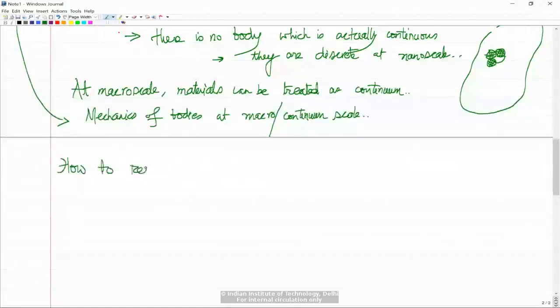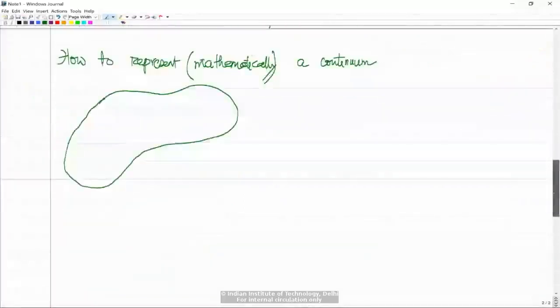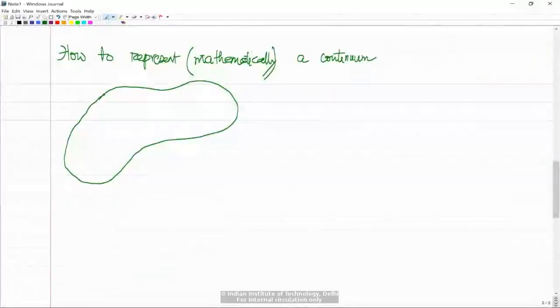How to represent it, which could also be done mathematically. So this is your arbitrary body. It can have any shape. How do we mathematically describe this body? That's the question here.